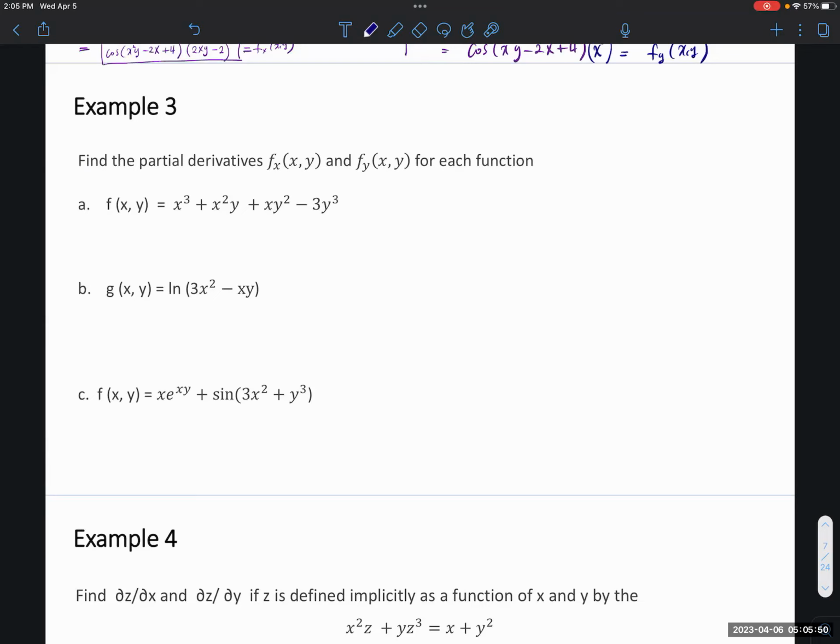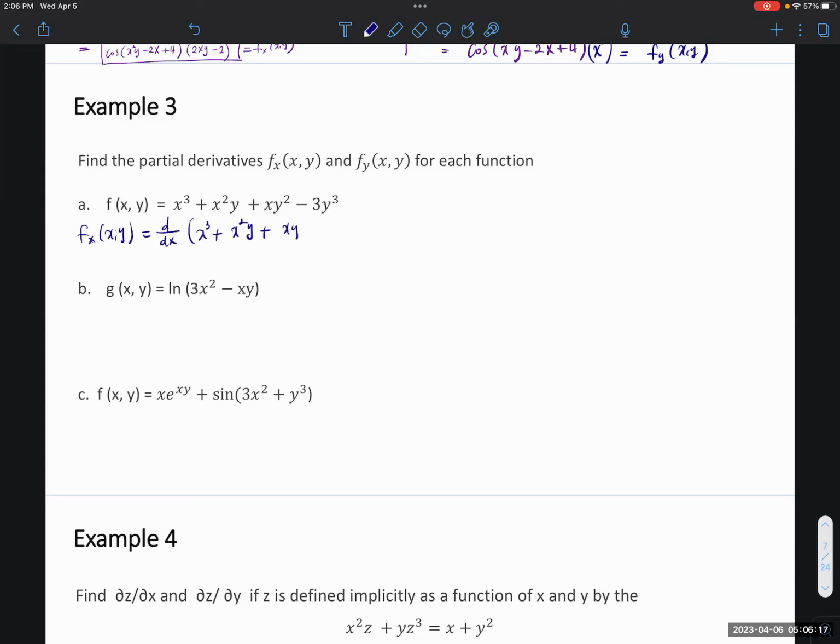So let's take a look at this. What is going on? This is a linear, quadratic polynomial, so we can directly use the shortcut. We have f(x, y). I'm only going to look at the x variable, because that's what f sub x means. d/dx of x to the third, x to the second y.